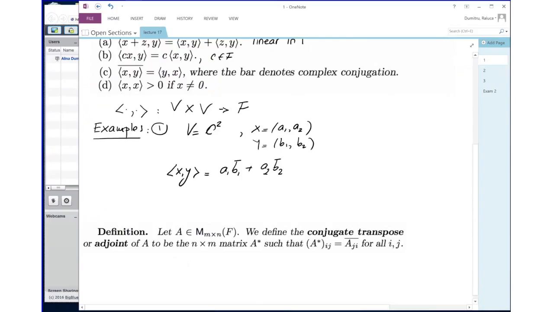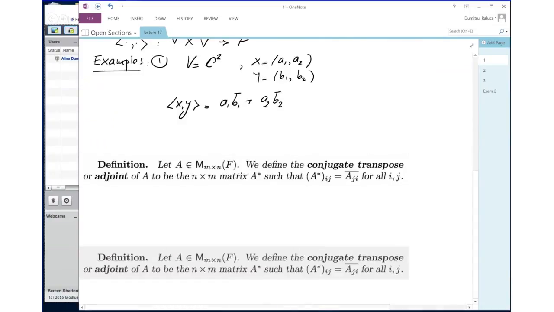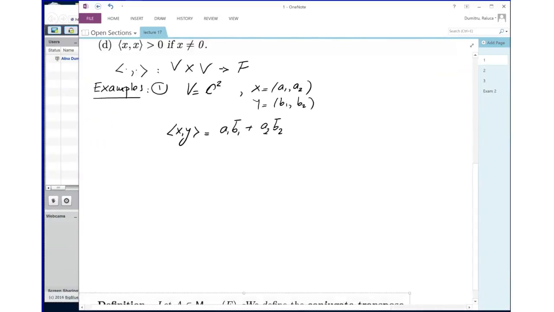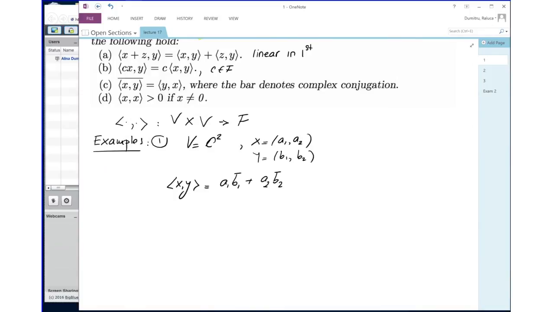Okay, so let's see what happens here. Property A. The inner product between x plus z and y. Z is a third one, so let's say it's C1, C2. Well, x plus z is A1 plus C1, comma, A2 plus C2.